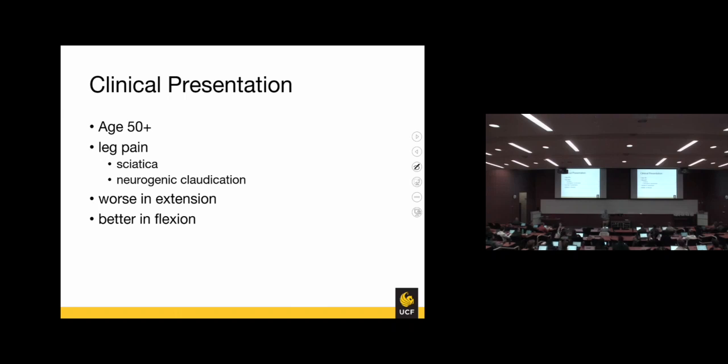All right, and it's usually better in flexion. So one of the things patients will tell you is when they go to the grocery store, they can make it because they're leaning on the cart all the way around. Or if they use their walker. They don't want one of these stand-up walkers if they've got neurogenic claudication. There's a question there. Where's the question?